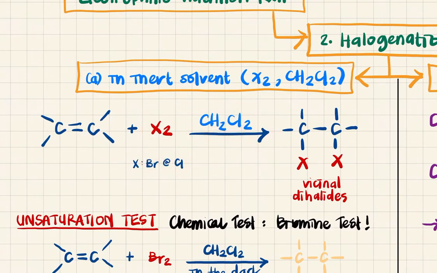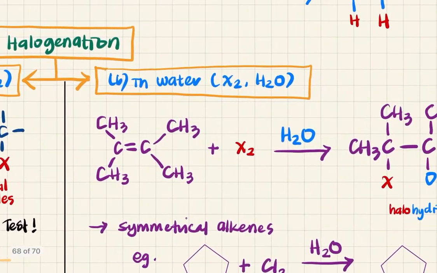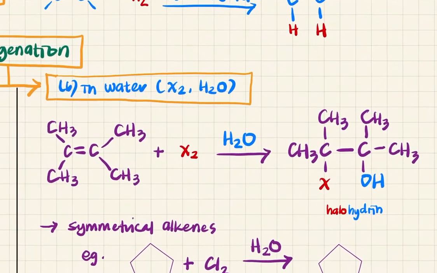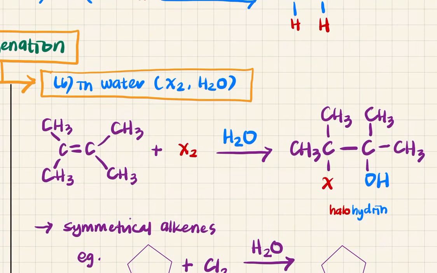You will form vicinal dihalides. Vicinal means next to each other, so you get two halides in your product. Compared with this reaction, where you form a halohydrin.